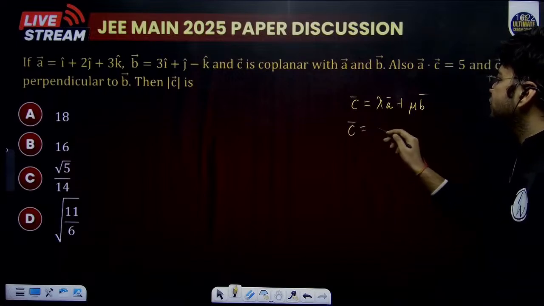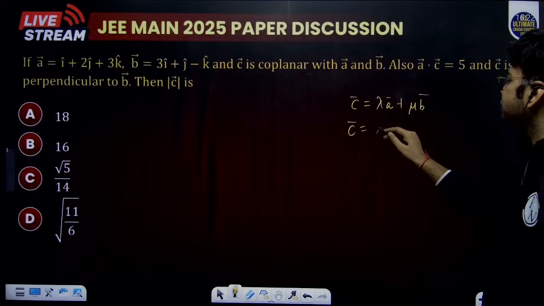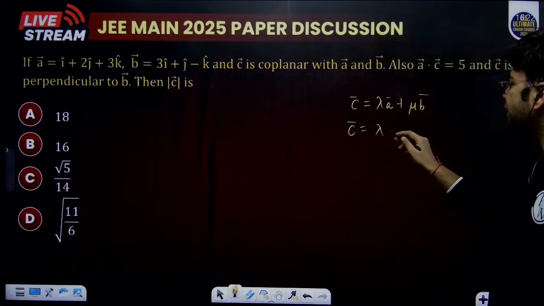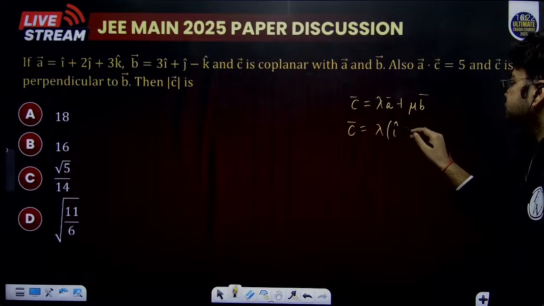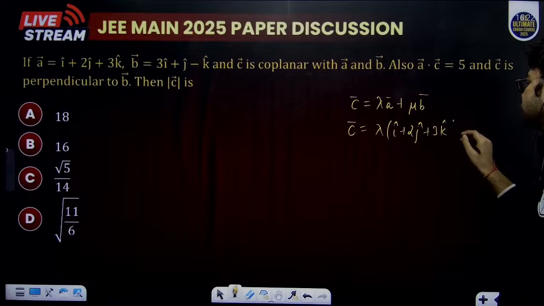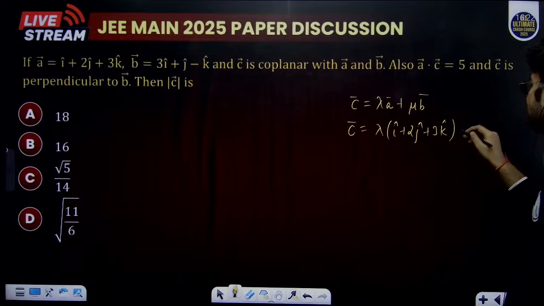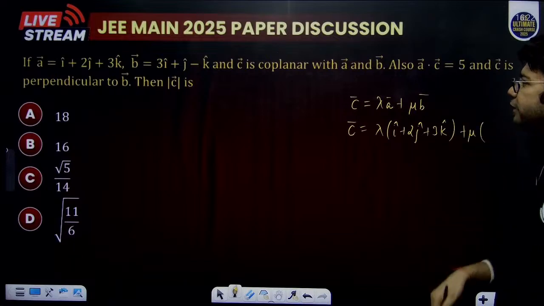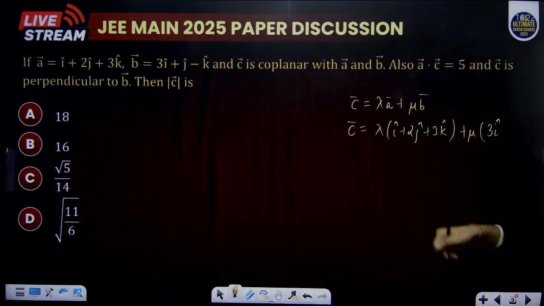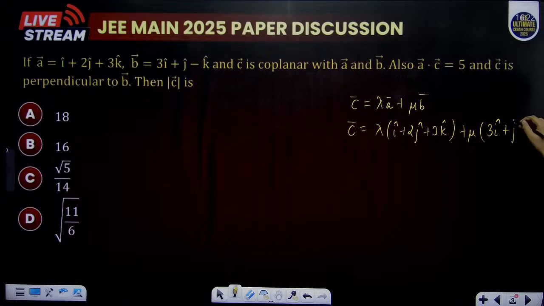C vector will be something like this: lambda times i cap plus 2j cap plus 3k cap, plus mu times the B vector. B vector is given as 3i cap plus j cap minus k cap.